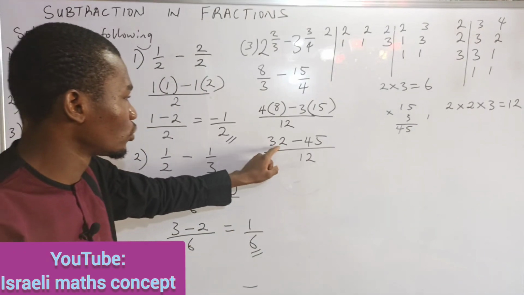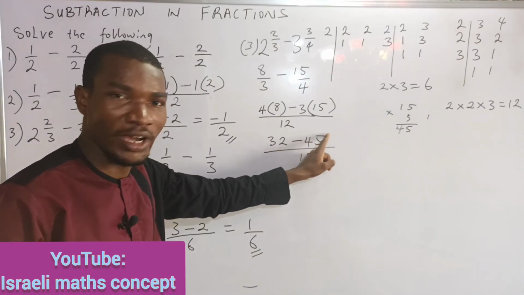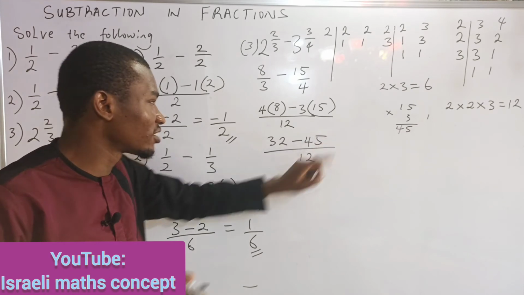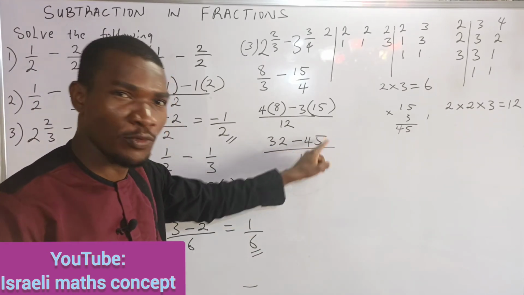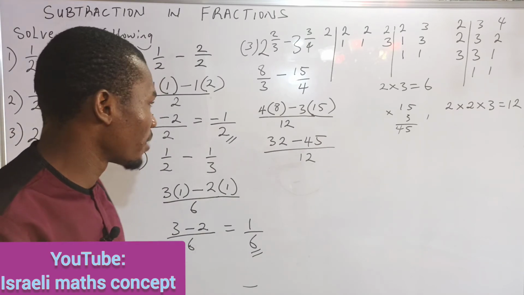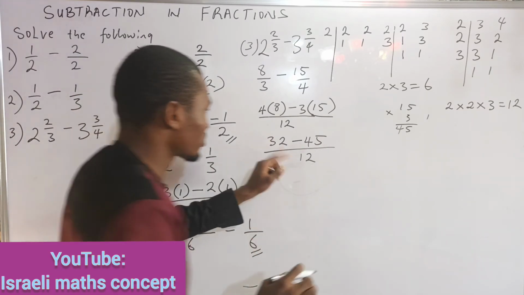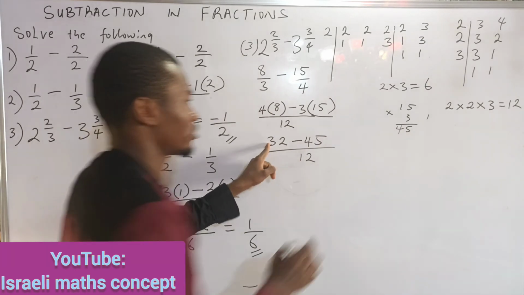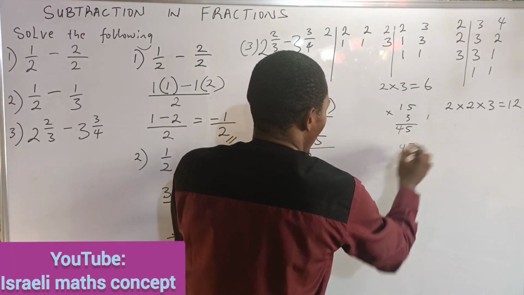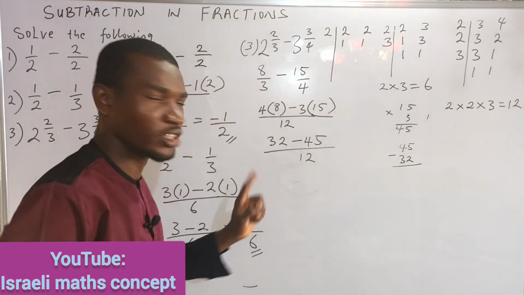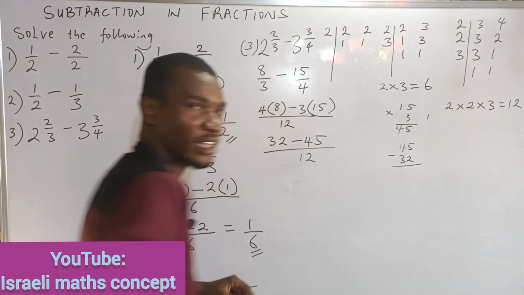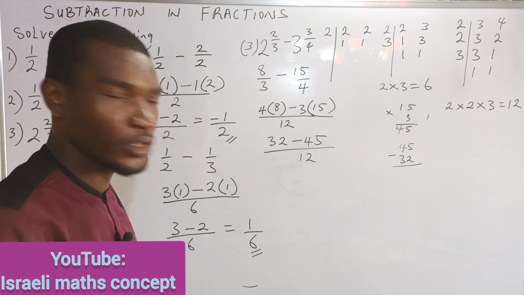Then 32 minus 45. For kids, this is the way to teach them this. Because 32 minus 45 will give you a negative value, first of all, just say 45 minus 32. After which, you put a subtraction sign for the value you get.